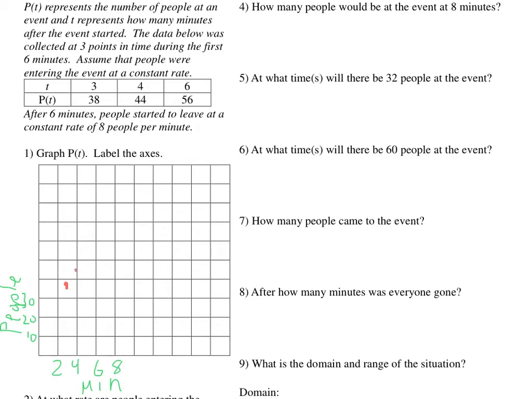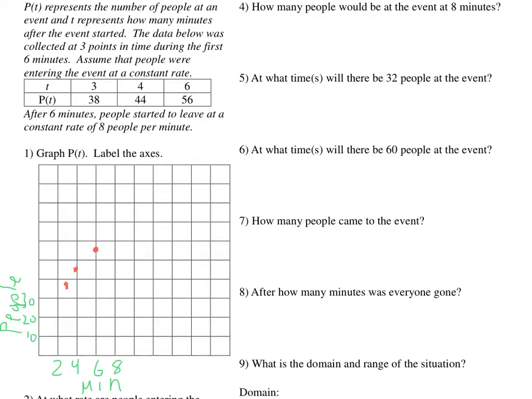So 4 would be somewhere around there. And then 6 would be 56. If we look at this carefully, you've got to be careful because remember, you're going by tens. So 56 would be somewhere around there. All right, so those are my 3 values I'm given.